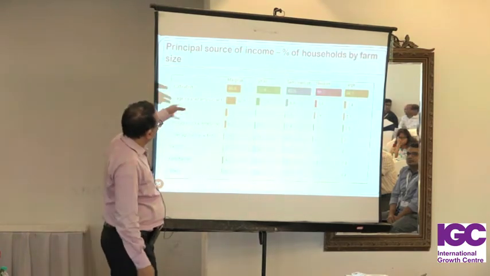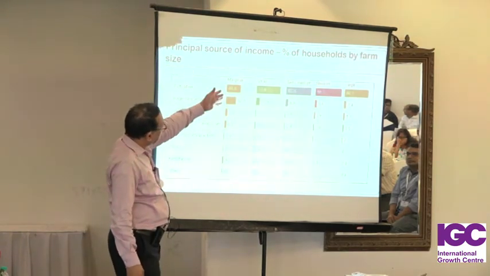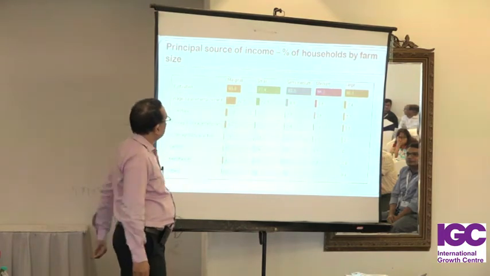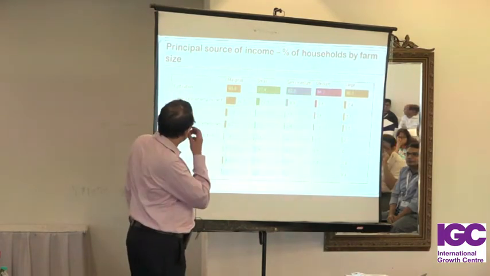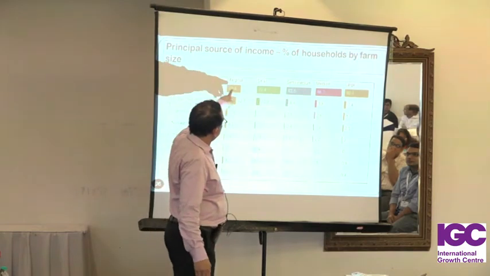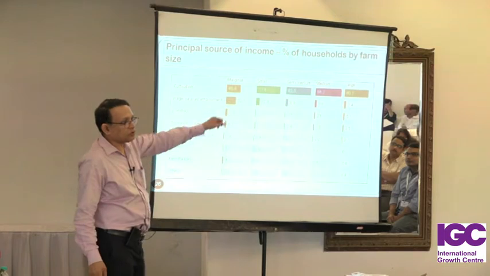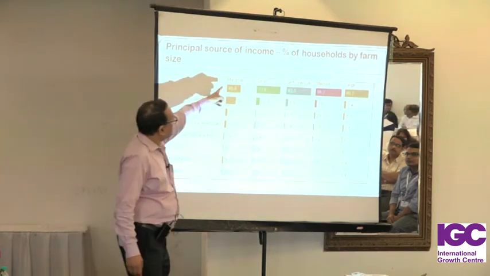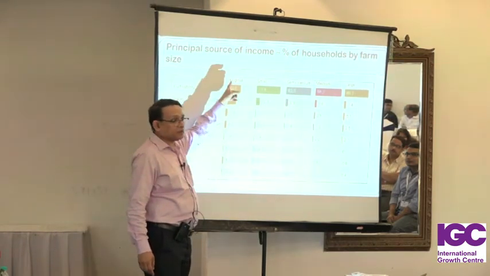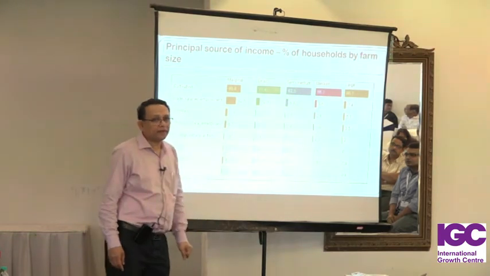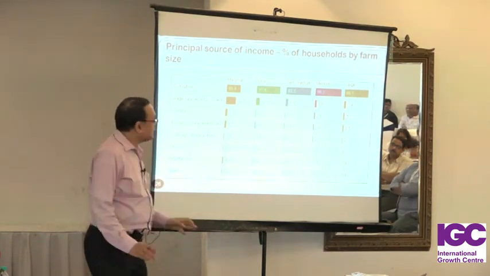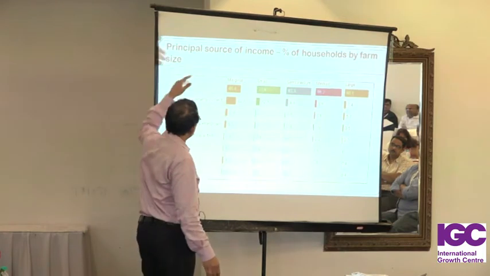Now the same thing broken up by marginal, small, medium, etc. And you do find that cultivation is actually less important for the marginal farmers as opposed to the rest of them. And we said these are 67% of the population. So cultivation itself is not the primary source of income for them.